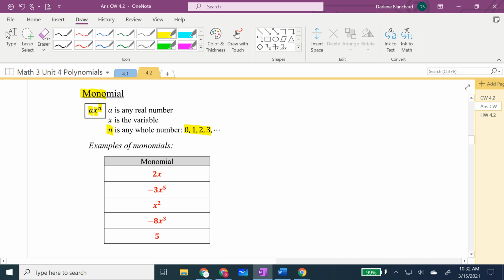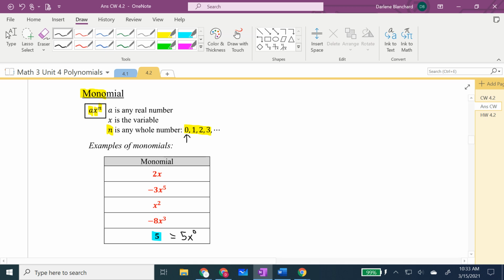So this is a list of monomials, and I want to point out what isn't obvious. 5 is a monomial. It is the same thing as 5 times x to the 0 power. You don't need to be fully aware of that. You just need to know that any number is a monomial. But to emphasize the definition of monomial, the exponent is allowed to be 0.